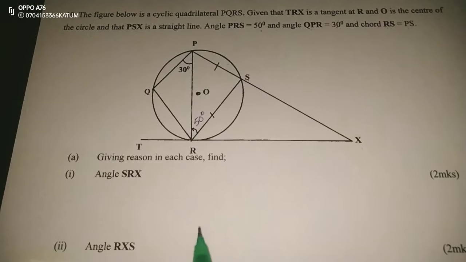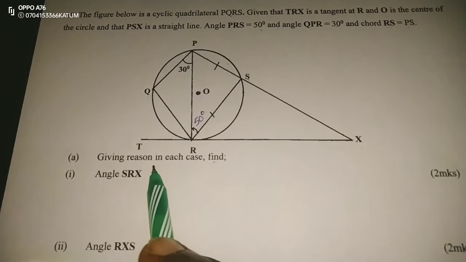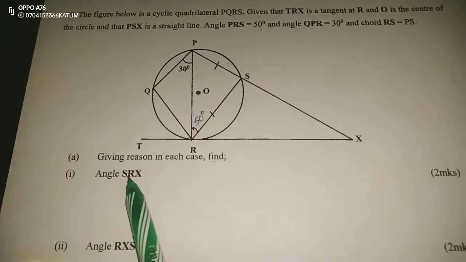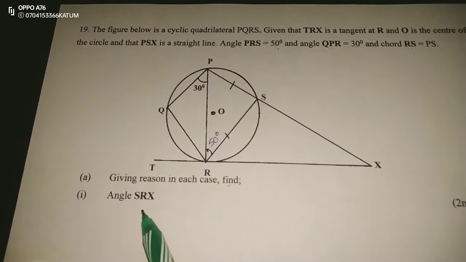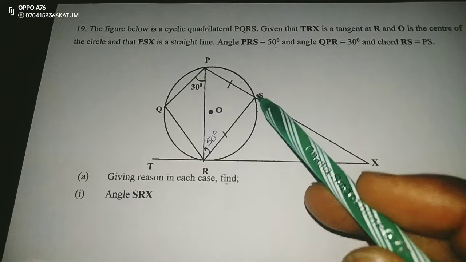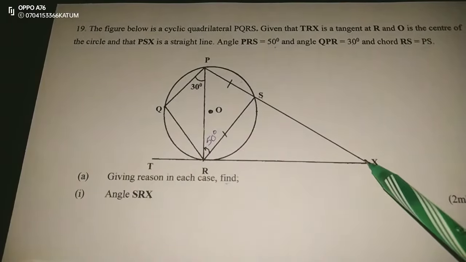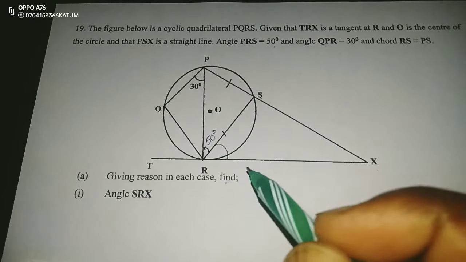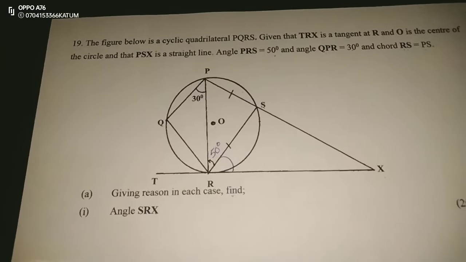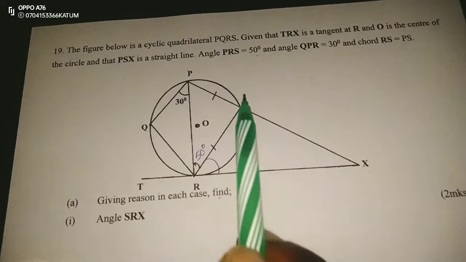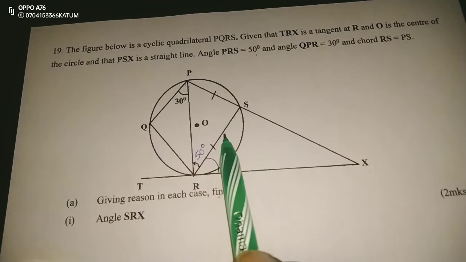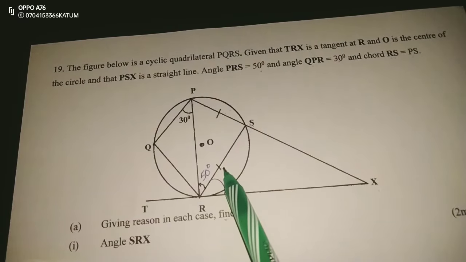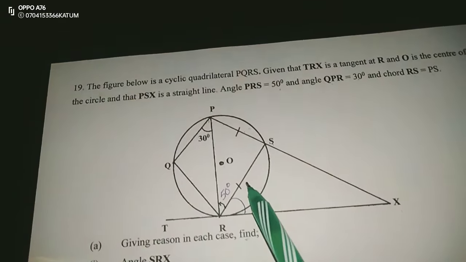So for us to find these angles, we've been told to provide a reason for each case. Angle SRX, the angle at this point. There is something I want us to do first. Remember, for triangle PRS or PSR, these two lines or chords are equal.